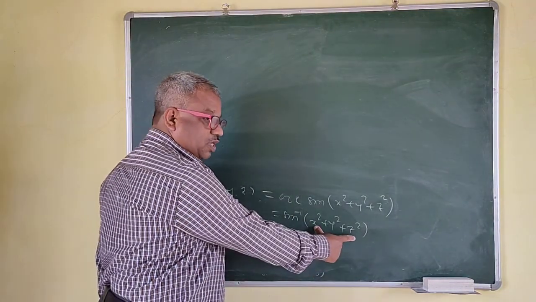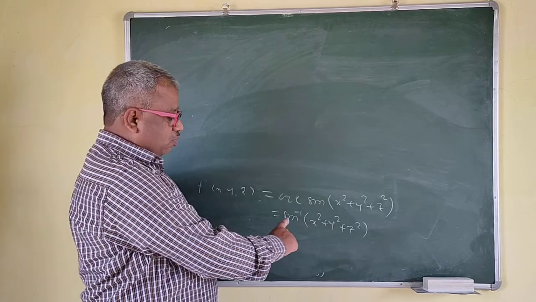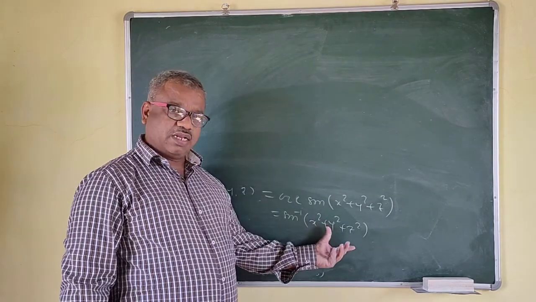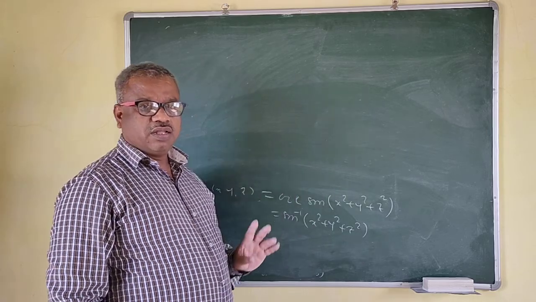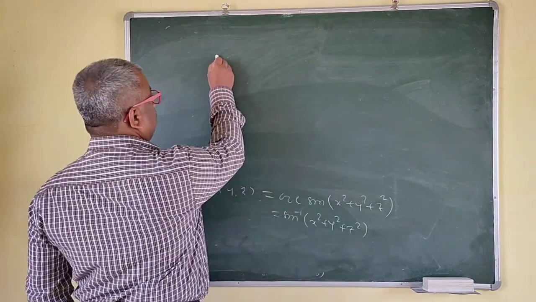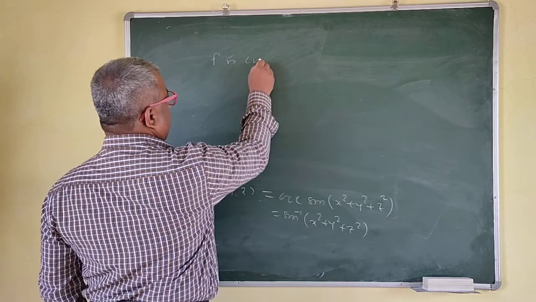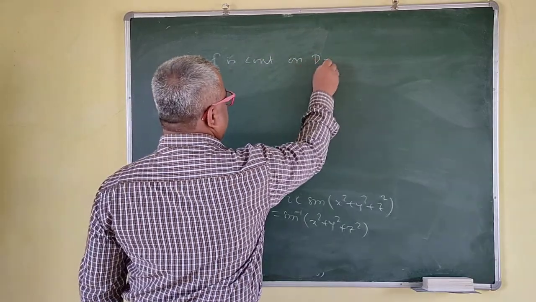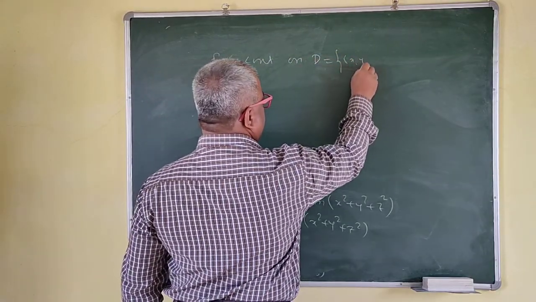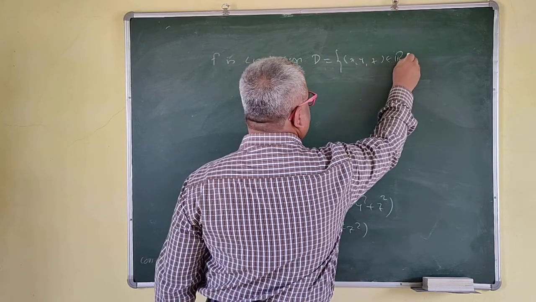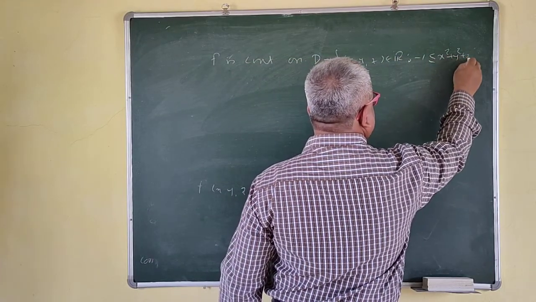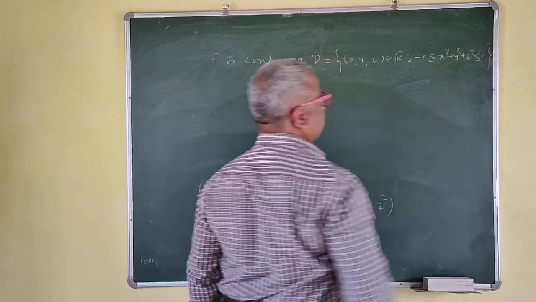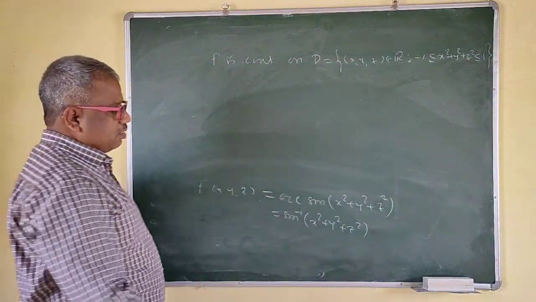So you have to choose your x, y, z such that x² + y² + z² lies between −1 and 1. So f is continuous on D = {(x, y, z) belong to R³ such that −1 ≤ x² + y² + z² ≤ 1}. Okay?